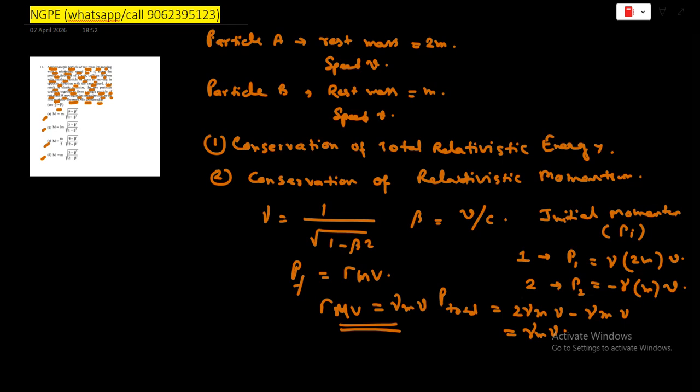Now the calories, the initial energy EI. For particle 1, E1 is gamma into 2m into c square, and for particle 2, E2 is gamma into m into c square.